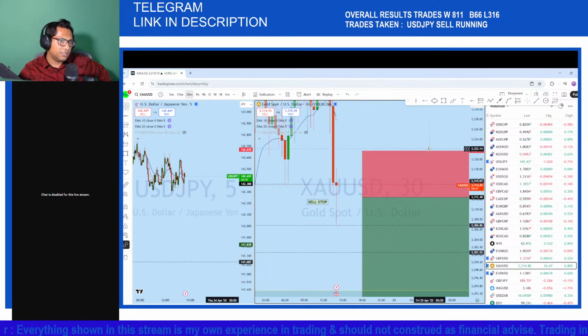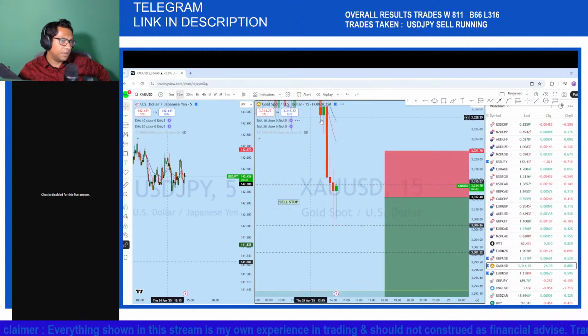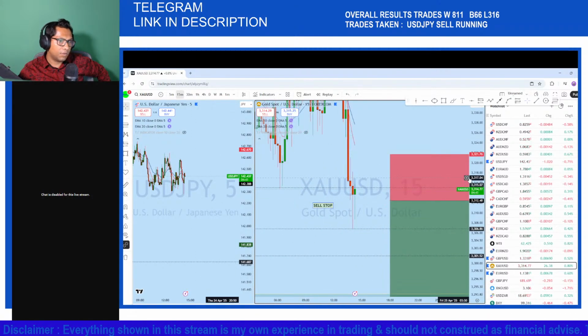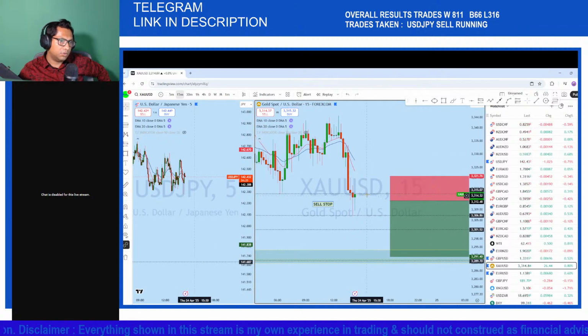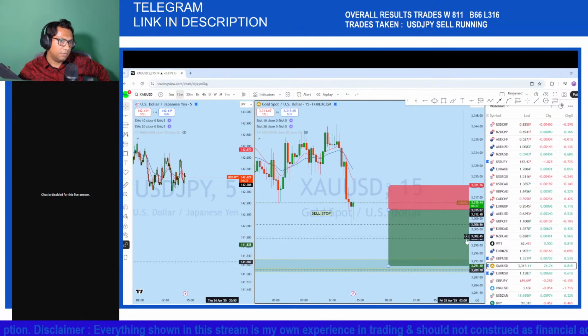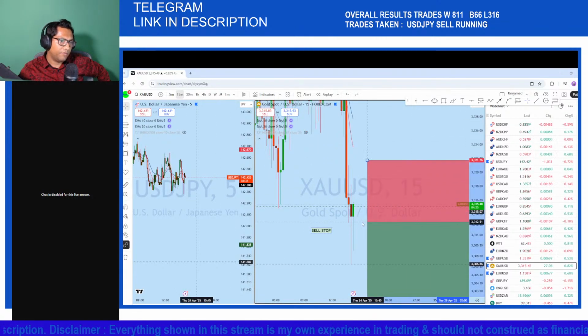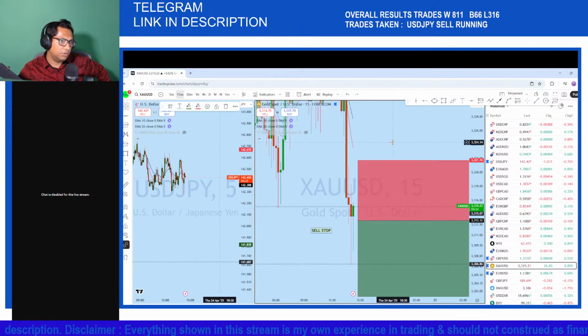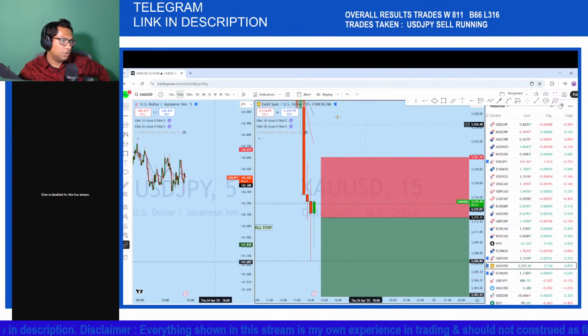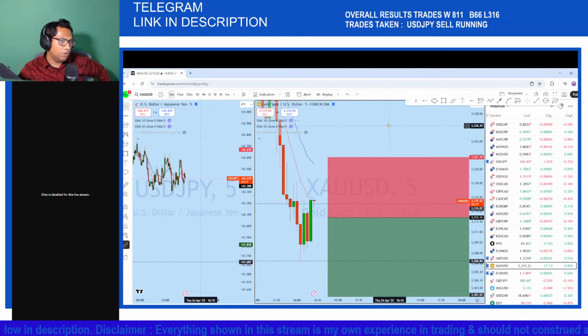Now in the next 5 minutes, let's see how the price action is doing. We would like to see that the market here breaking below. If not breaking, then we do not need to hold it for very long.